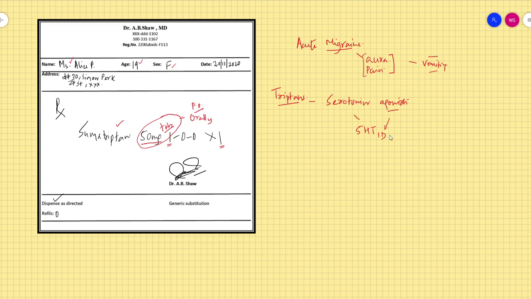So this agonist, a tablet, was given to this patient, and the patient was asked to take one tablet a day, presumably in the morning.